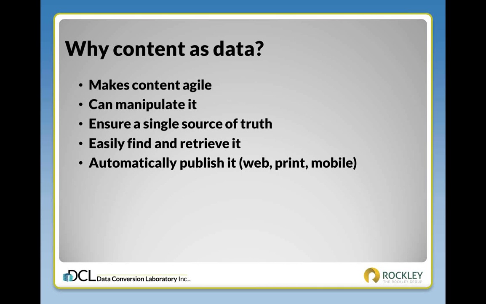So one of the key things when we're moving to our content in a structured data-like manner is that we're making our content agile. That means it's nimble. We can do a lot of things very quickly with that information. We can manipulate it. So the IFU could look one way for one product. It can look entirely different for another product, but it's exactly the same structure.